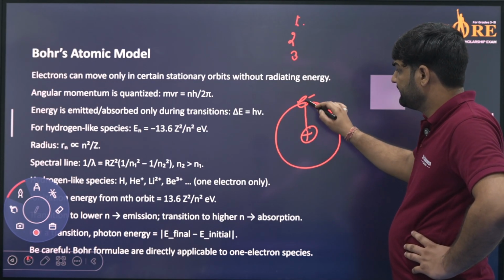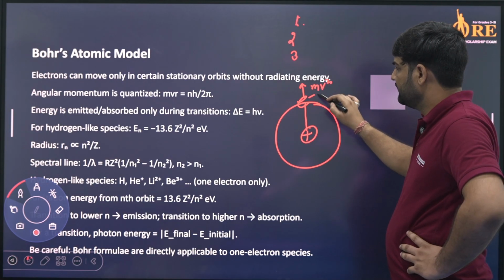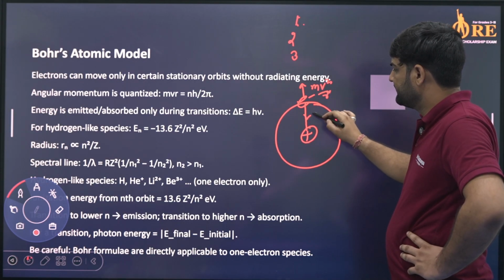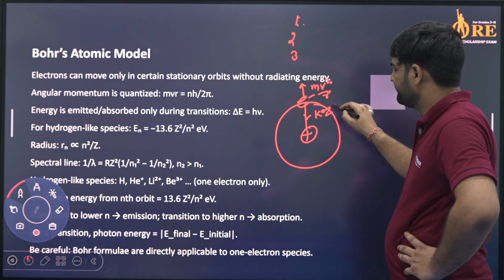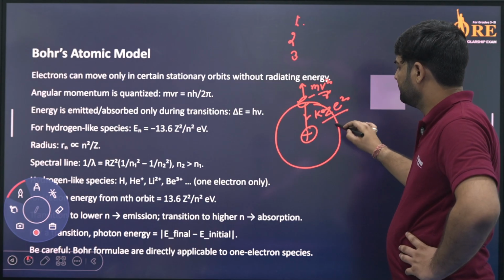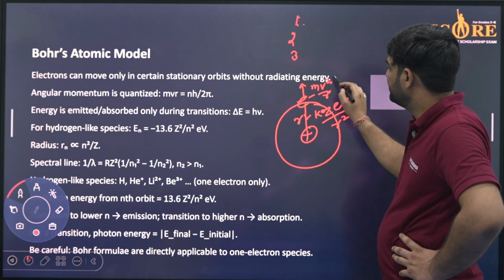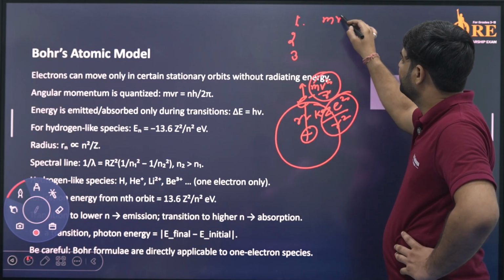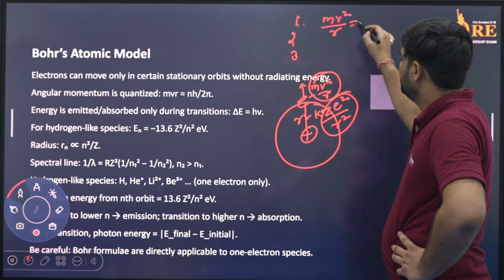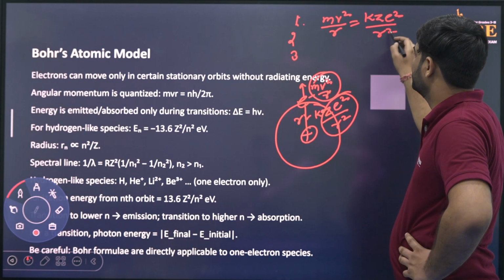When it revolves in a circular path, mv square upon r, and the force will be k z e square upon r square if radius is r. So he told that this force will be balanced by this. So this will be mv square upon r equals k z e square upon r square.